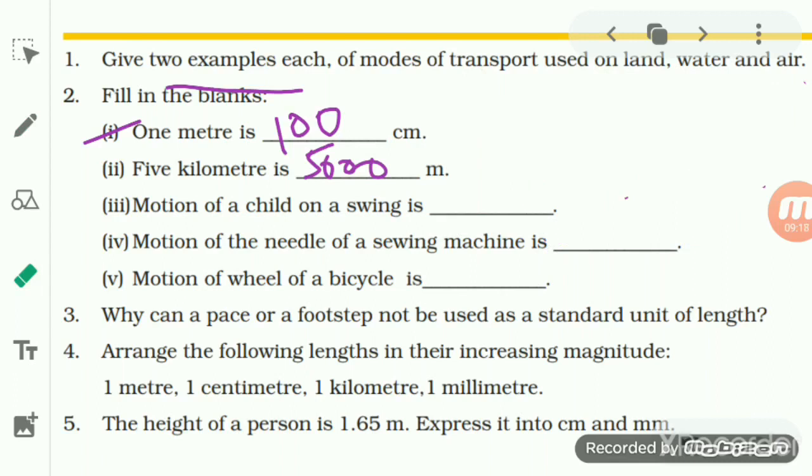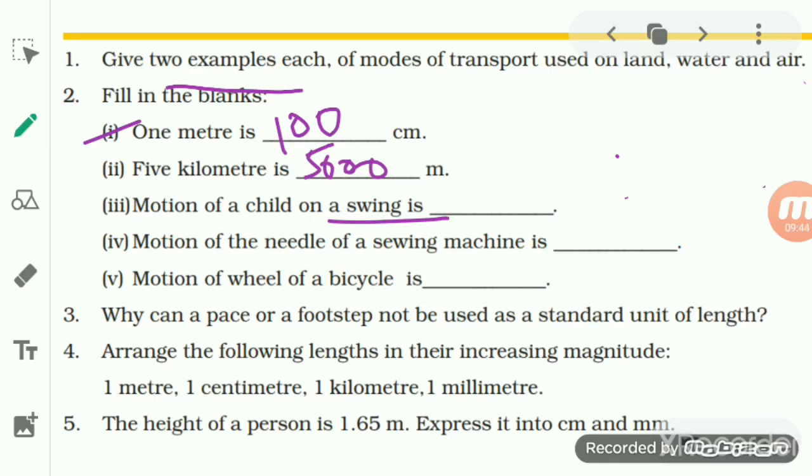Motion of a child on a swing. So you know that the motion of a child on a swing repeats itself. We can say this is a kind of motion which repeats itself after a certain interval of time. A swing is a kind of to and fro movement.